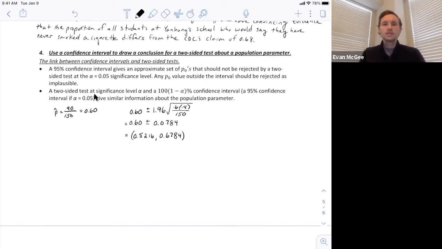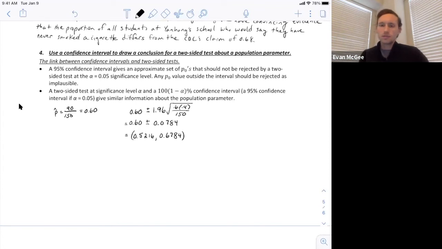A two-sided test at a significance level of alpha, and I'll explain this in a second. A 95% confidence interval relates to a two-sided test at an alpha level of 5%. They give similar information about the population parameter.